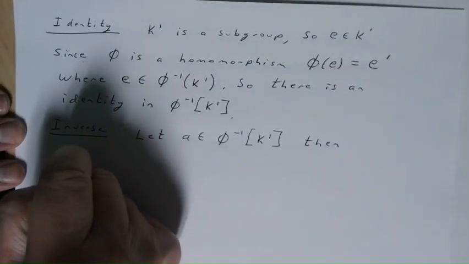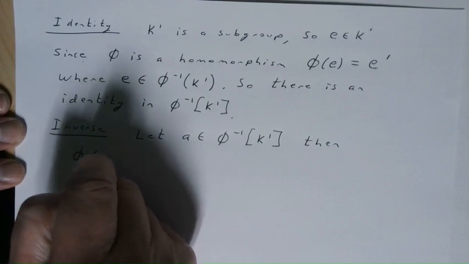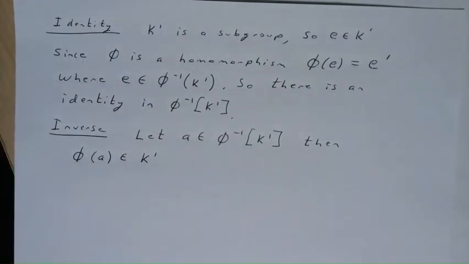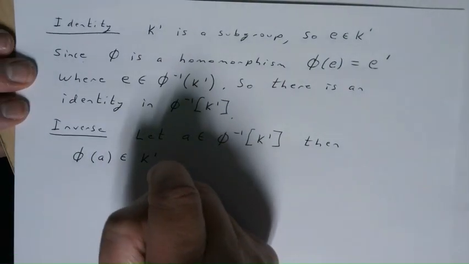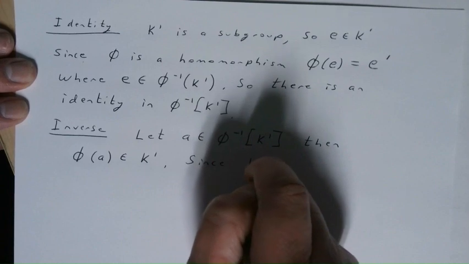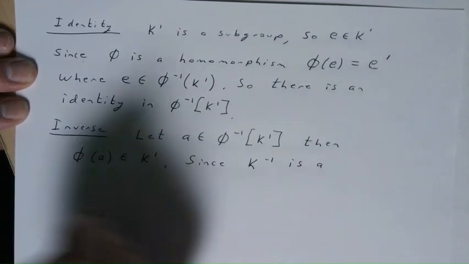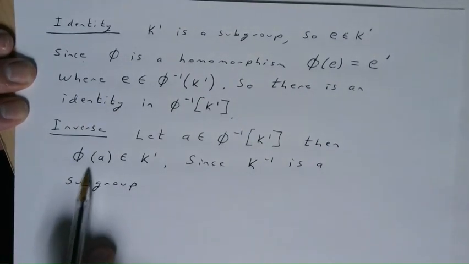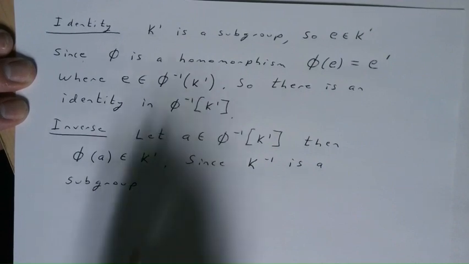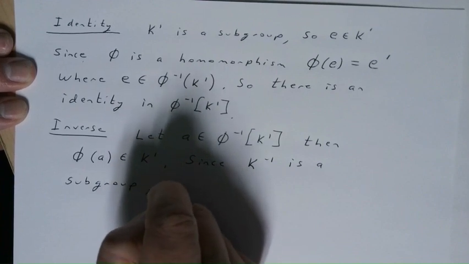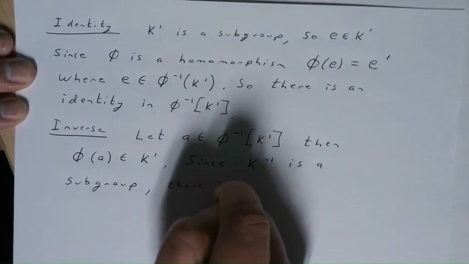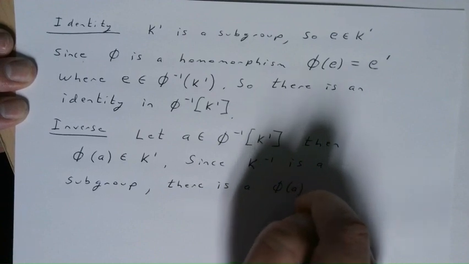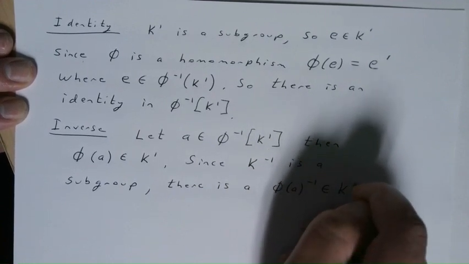So then phi of A is in K prime, but since K prime is a subgroup, then we know that there is going to be an inverse of this in K prime. There is a phi A inverse in K prime.